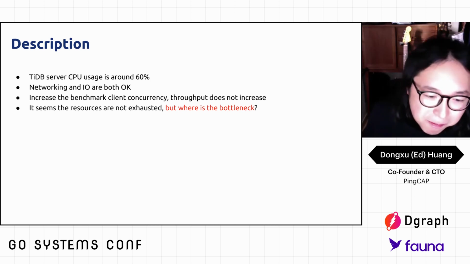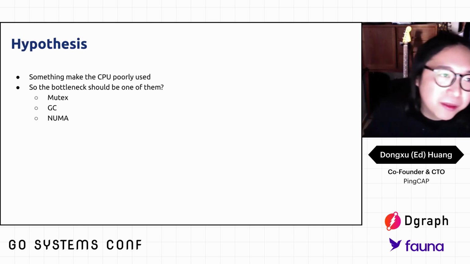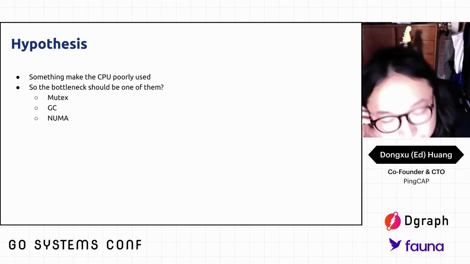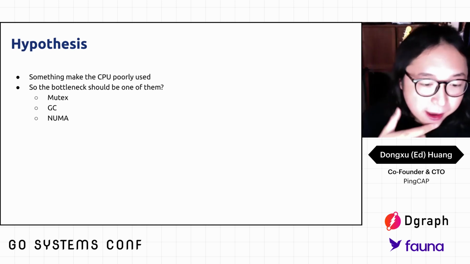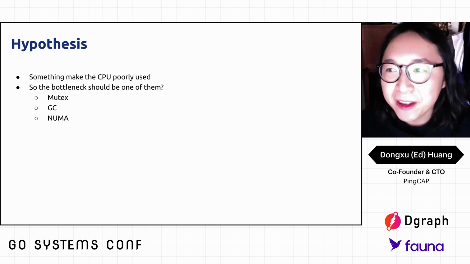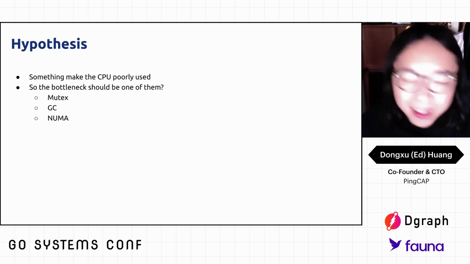I think we can form some hypotheses. There must be some reason why the CPU is not being used. A very common guess is that the CPU must be waiting on something or asleep somewhere.